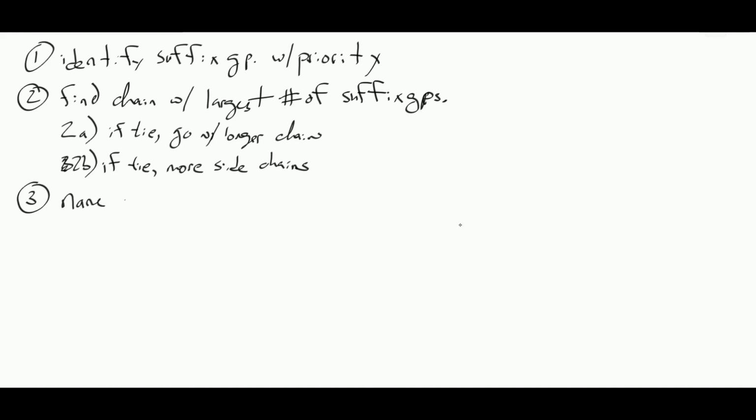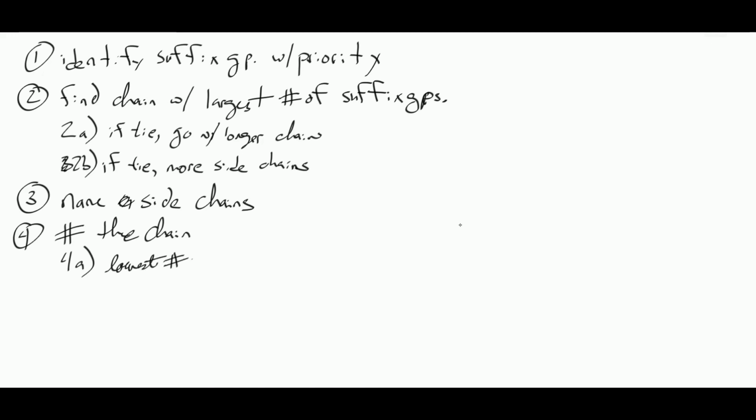So next step, you're going to name side chains and number the chain. Okay. For A, lowest number for suffix groups.